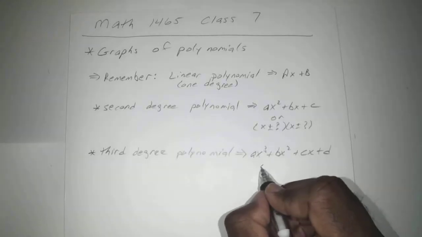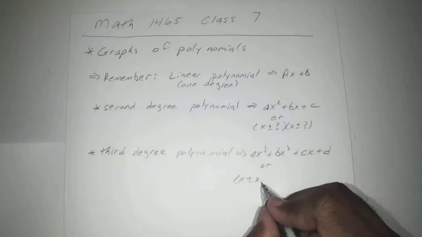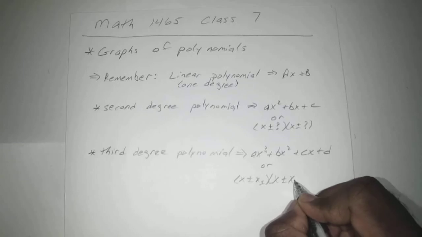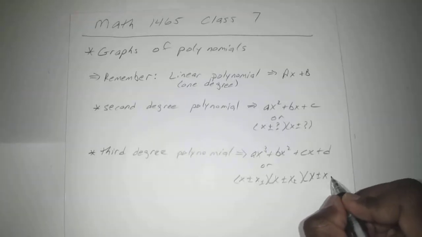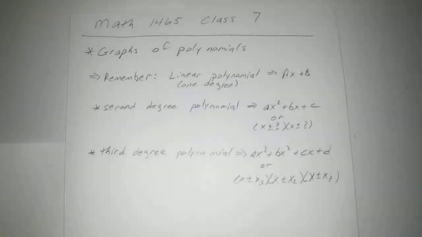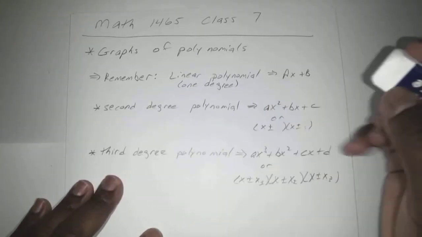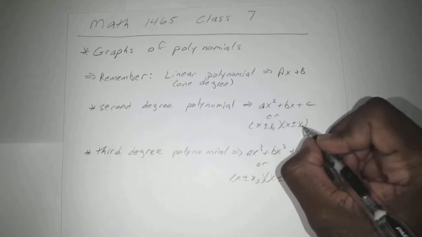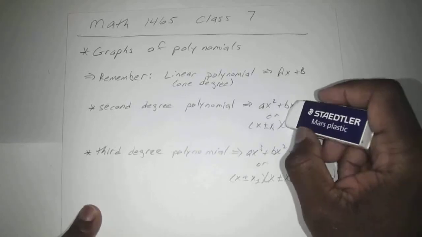Or you have x plus or minus, instead of question marks, we'll say x1, x plus or minus x2, or x plus or minus, we'll say some x3. Okay, so instead of the question marks, I'll just use x1 and x2 here.